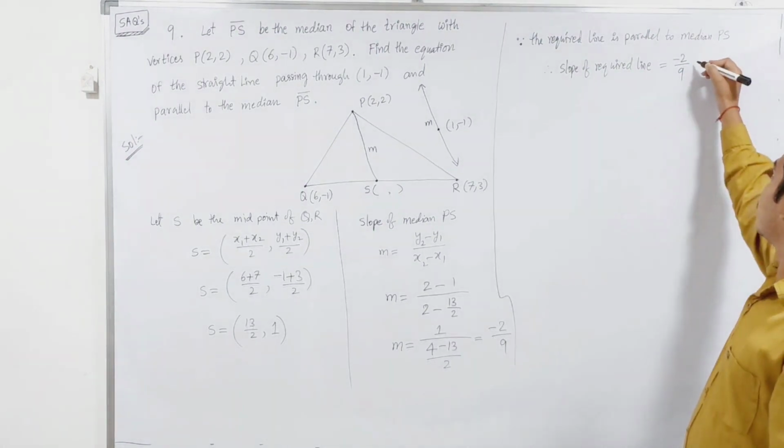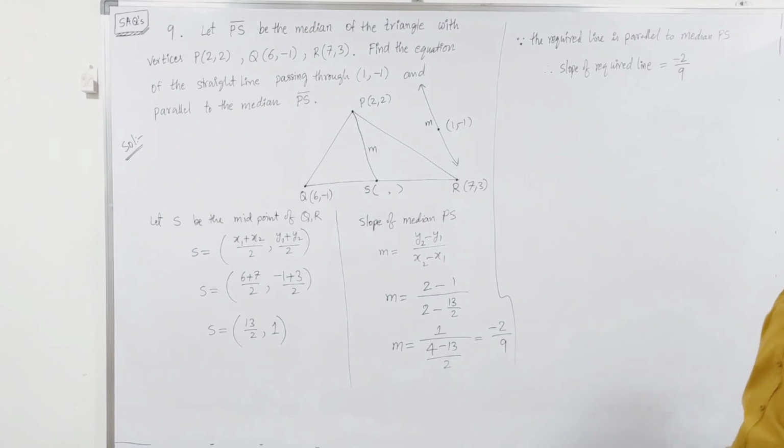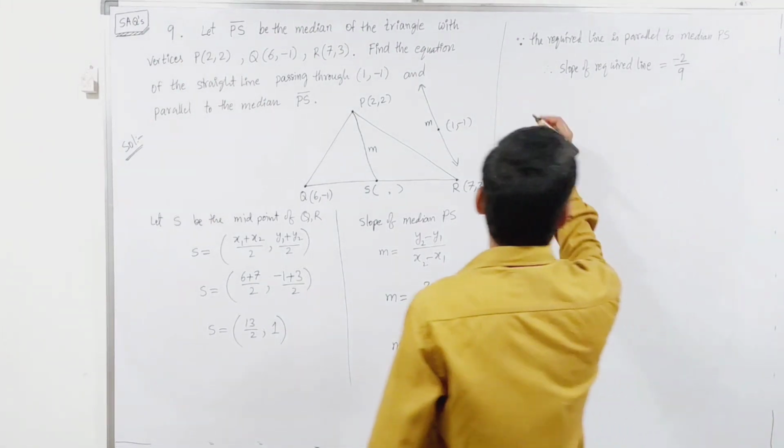By using this slope and this point, we get the equation of the required line.